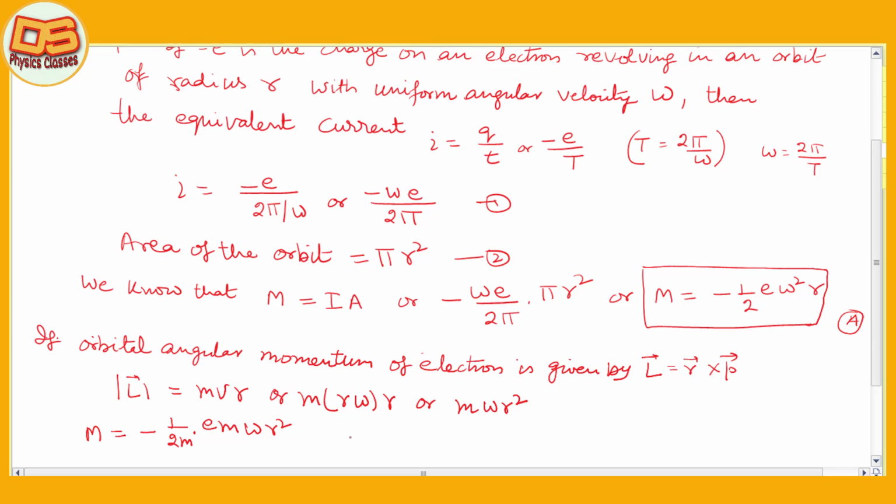Then minus 1 upon 2m e into L, since this value m omega r square is equal to L. Then this expression is m is equal to minus e upon 2m into L.